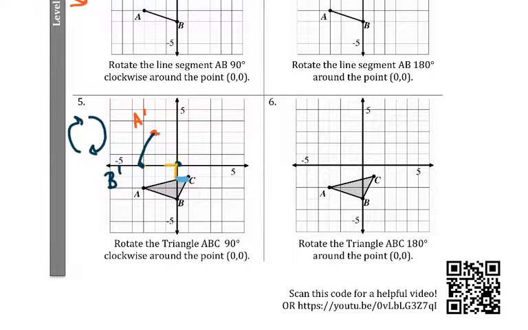That minute hand is going to move right there. And imagine if you had taped paper on that hand of that clock, then it would end up right there. And so that is point C prime. I can connect these, and this is the answer to number 5.